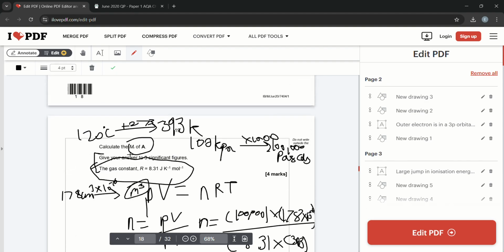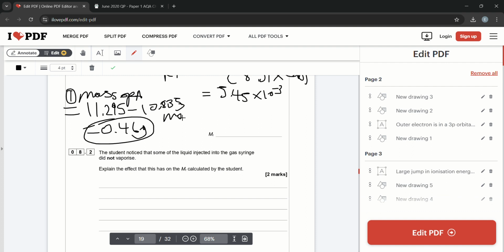That's the moles, and we should know moles is mass over MR. Therefore MR equals mass divided by moles. Now we use the mass of A, 0.46. That's why we calculate it first, so we don't have to calculate it at the end.